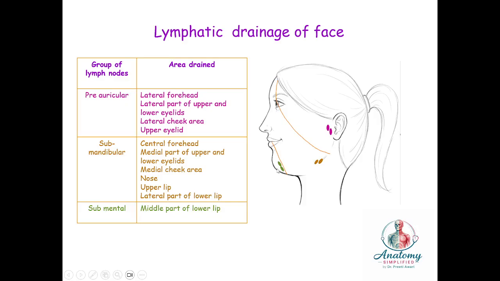Then we have a group present in the submental triangle, that is the submental group of lymph nodes, just below the origin of the digastric. It is going to drain only the middle part of the lower lip and the area over the mandible below that. So we have three groups here: the preauricular group, the submandibular group, and the submental group.